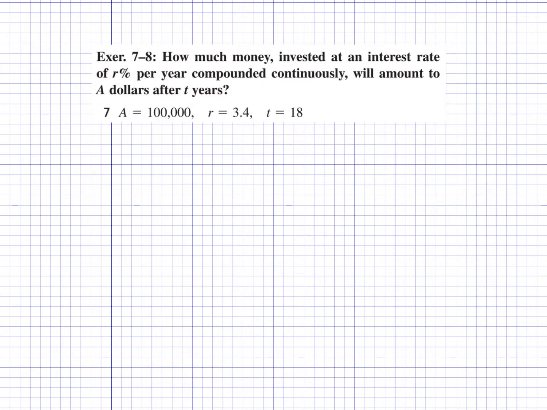All right, so let's do this a little faster. Now, this is your total amount. What do you have to invest? How much money do you have to invest? P. If you're compounding continuously, the PERT function at 3.4%, so 0.034 for 18 years. Okay, how much do you have to invest to get $100,000 when 18 years is over?